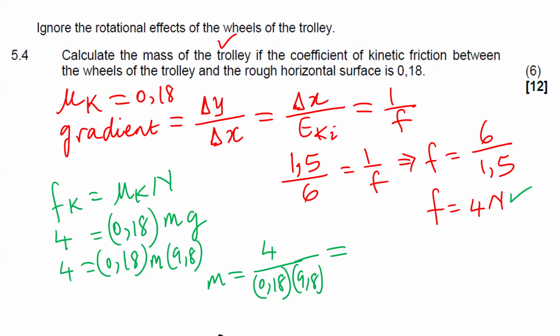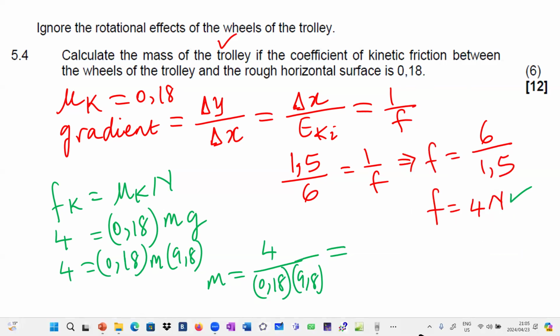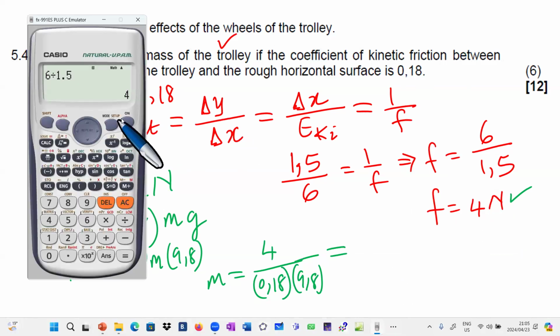Using a calculator, let us bring our calculator up here. Let us bring this fraction: 4 divided by 0.18 times 9.8.